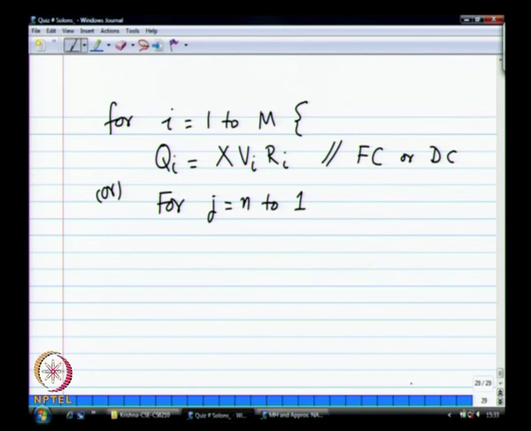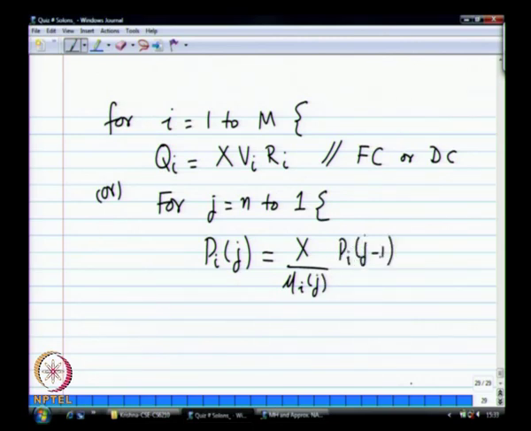So this is for a given value of n. For this we will again use that expression that we saw. This is the definition of Pi of j, this is your x of n that we just computed, divided by mu i of j into Pi of j minus 1.